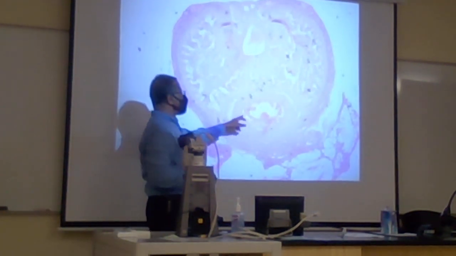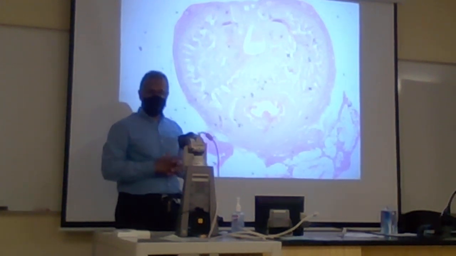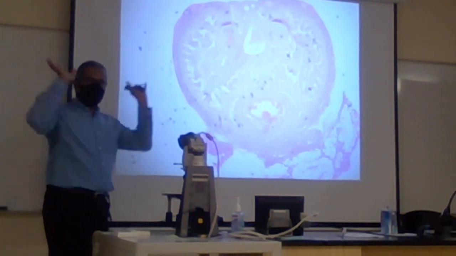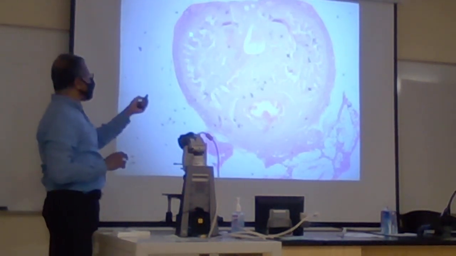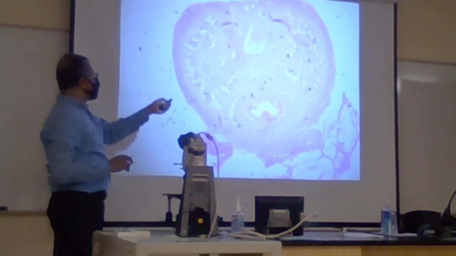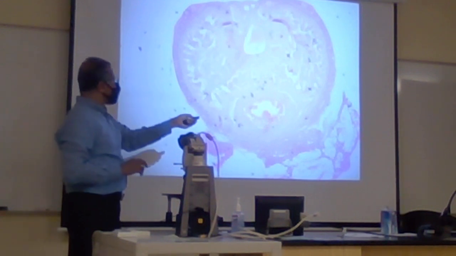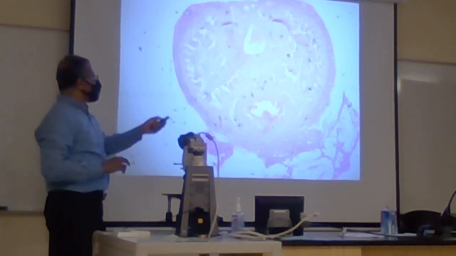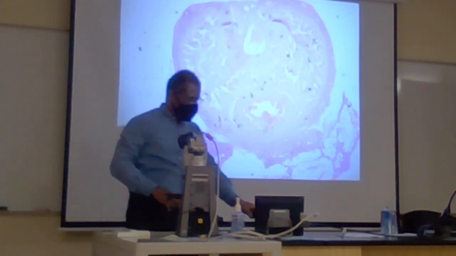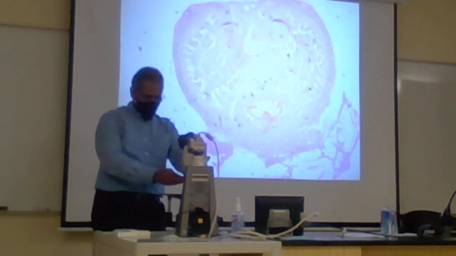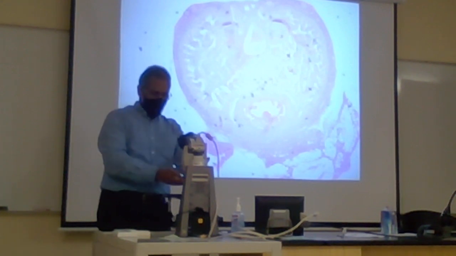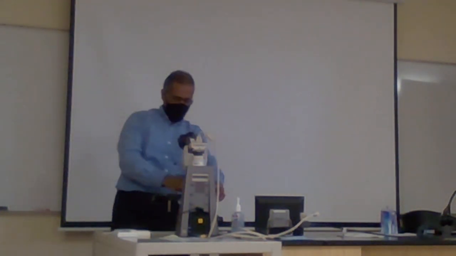Where is the corpora cavernosa? Superolateral, right? So this whole thing is the corpus cavernosa. Okay. So that's how the draining fibers look, similar to what you saw in that model when we took out the structure.